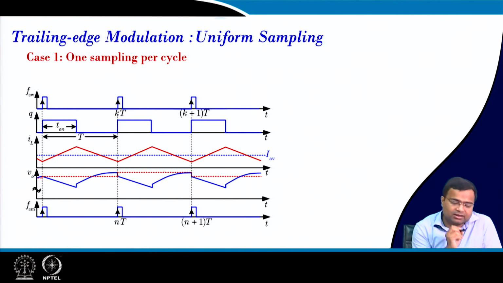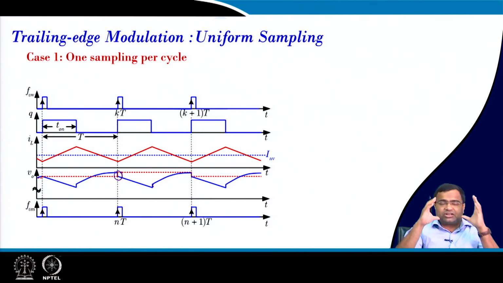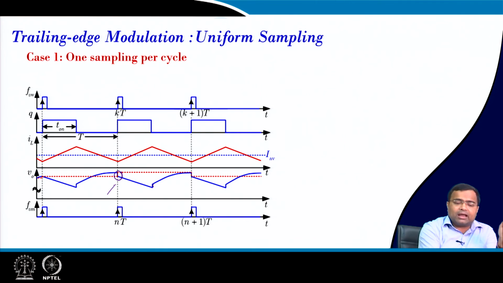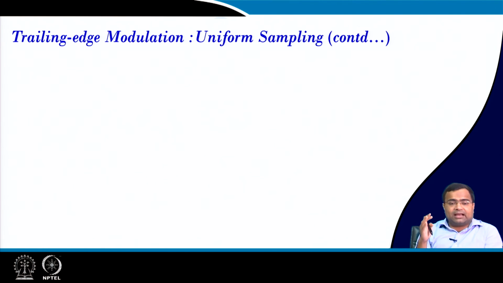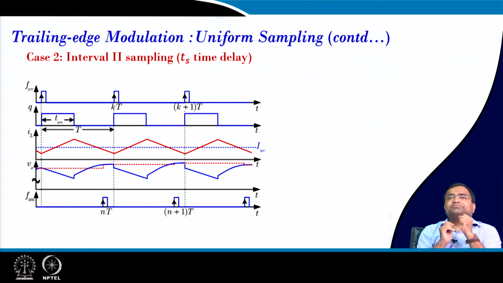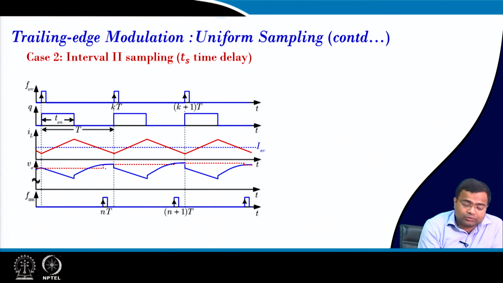Now the practical boost converter has an ESR jump. So it is not recommended that you take the sample here, but it is just for starting the concept. We are as if taking one sample per cycle, but practically you should introduce a delay. That means you should take the sample earlier than the switch turns off.